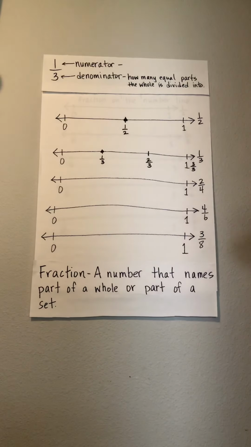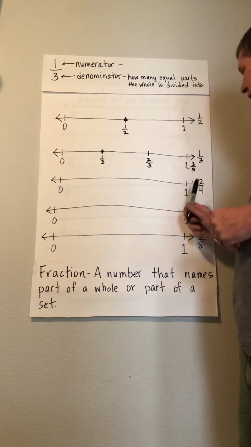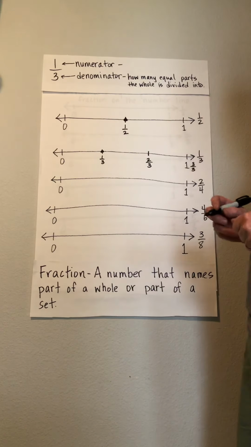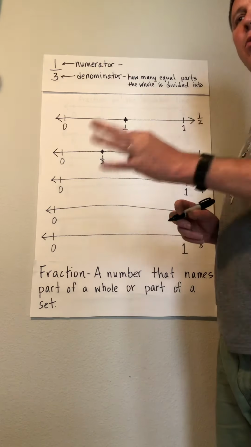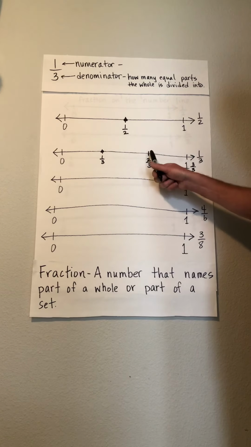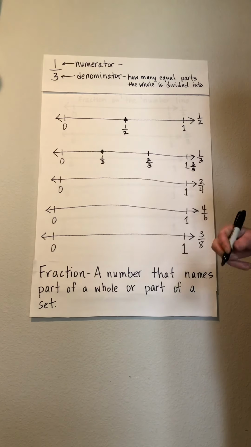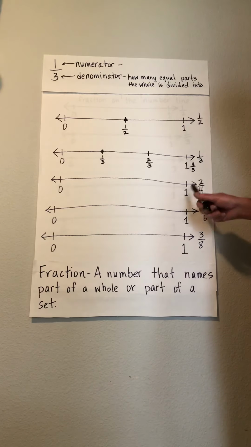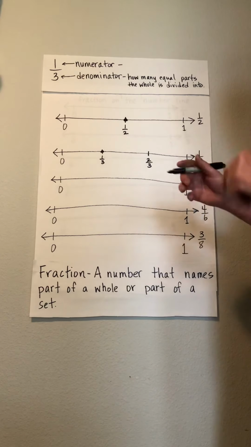So that means we are going to divide this wavy line into 4 equal parts, which means we're going to make 3 lines. There's a pattern developing here. 4 equal parts, 3 lines. Okay, so with fourths, it's sort of like those bars we did.